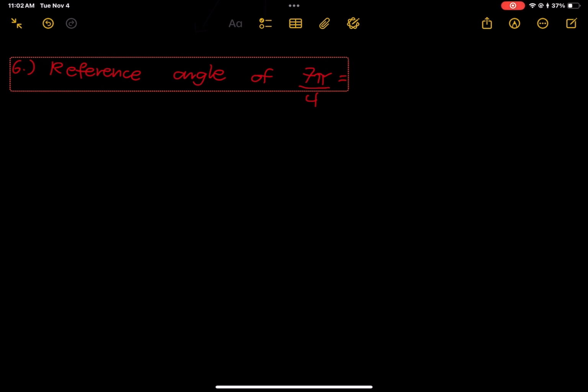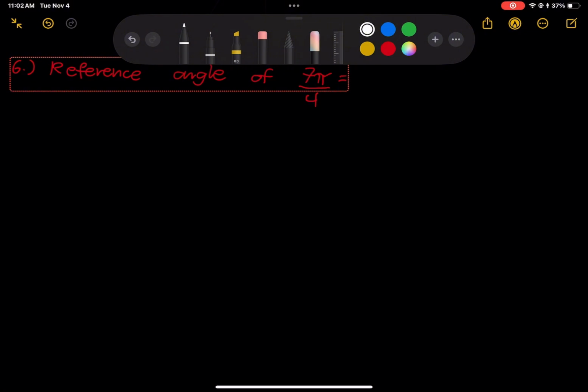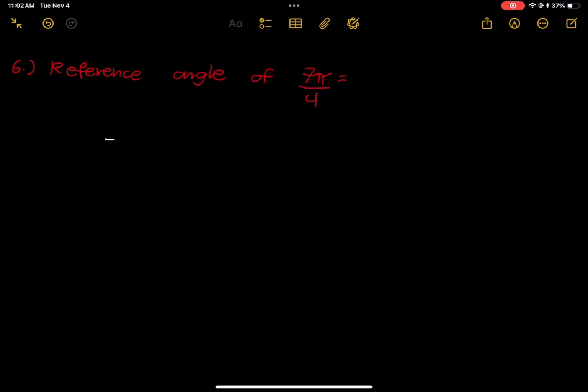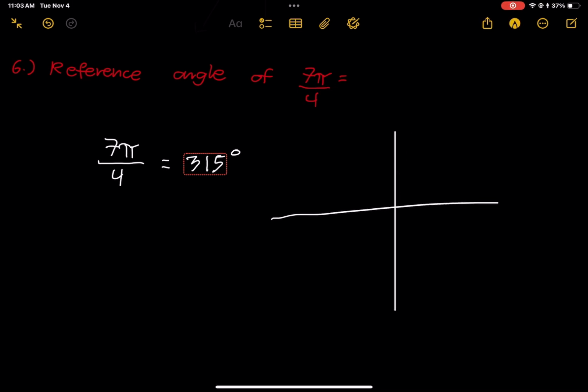So first, we have to convert this radian form to degree form in order to find its reference angle. So 7 pi over 4 is equal to 315 degrees. That is our degree form, using the formula 180 over pi.